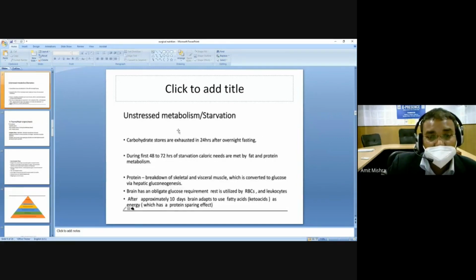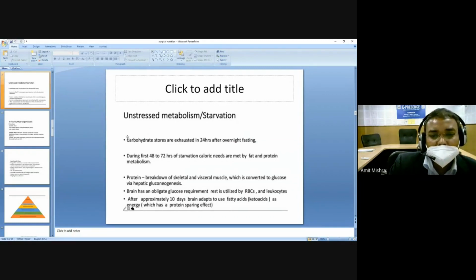During unstressed metabolism or the starvation period, like pre-operative starvation, usually we ask the patient, one day before the operation, to take a light diet or liquid diet. That's usually calculated in terms of the starvation period, unstressed metabolism.